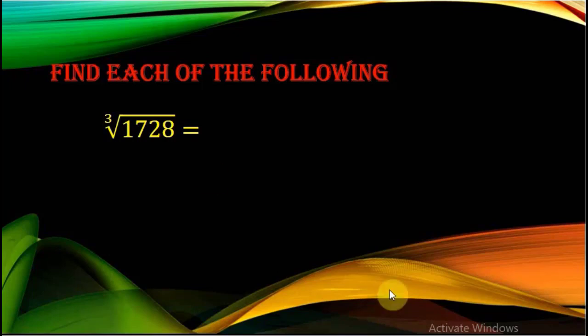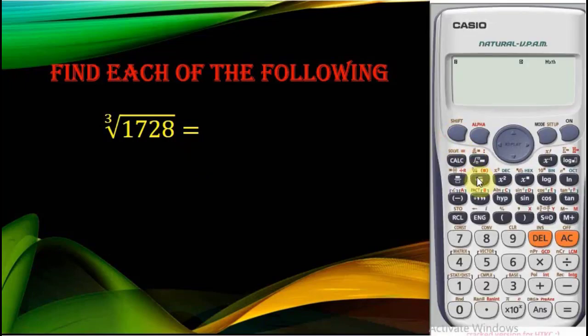Here we want to find each of the following. We want to find the cube root of 1728 by using the calculator. We will press shift, then cube root, and then write 1728. Then press equal.